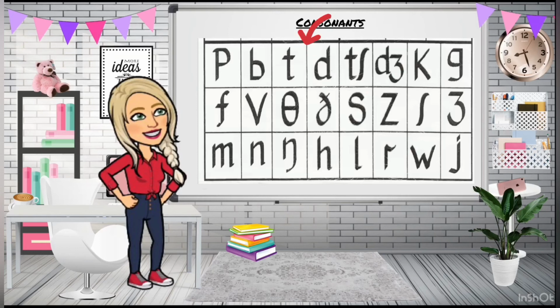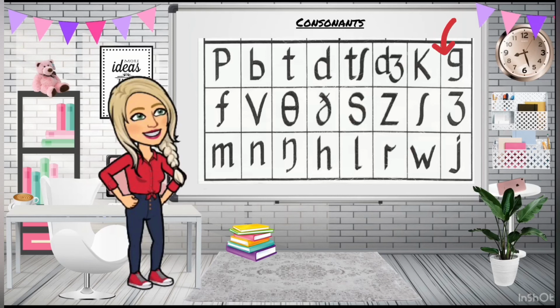Okay, t, there is no vibration, d, there is a vibration. Then you have ch as in church, iglesia, and j, j, j, as in George. Ch, no voice, j, vibration. Okay? K, k, k, g, g. You have more vibration in that one.